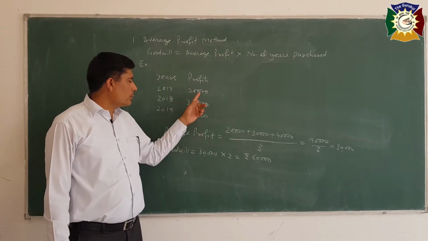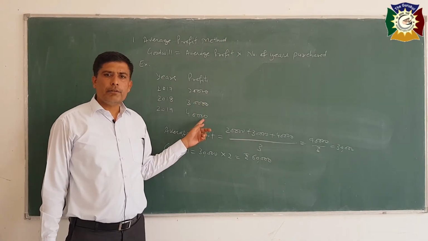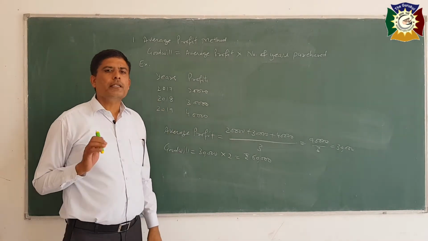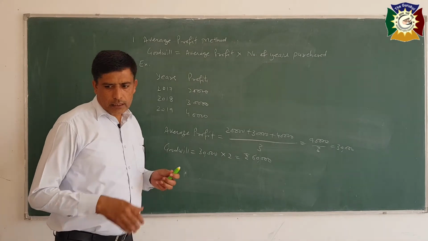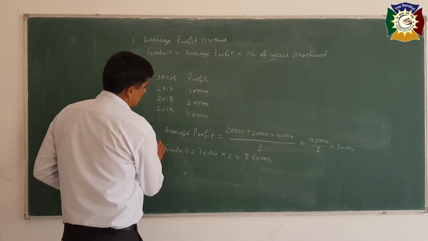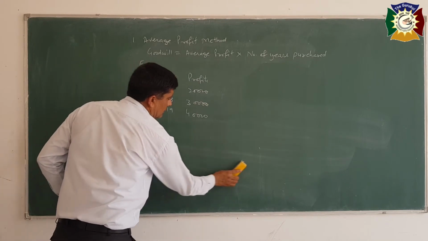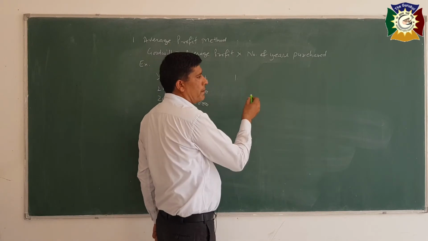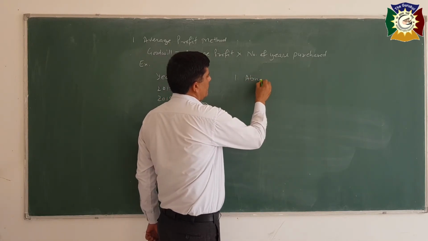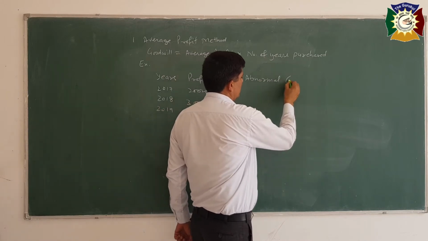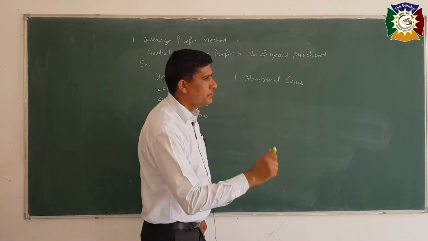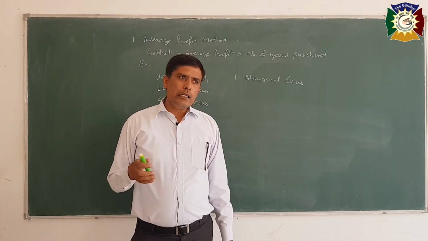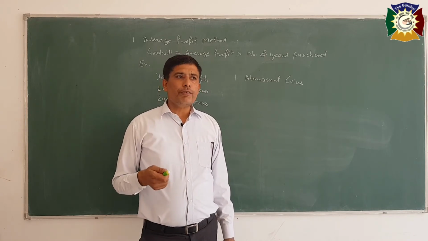Whenever average profits are taken, whenever we average the profits of previous years, there are some points which should be kept in mind. These points are: number 1, abnormal gain. Abnormal gains are those profits which are earned in a particular year only because of abnormal conditions.